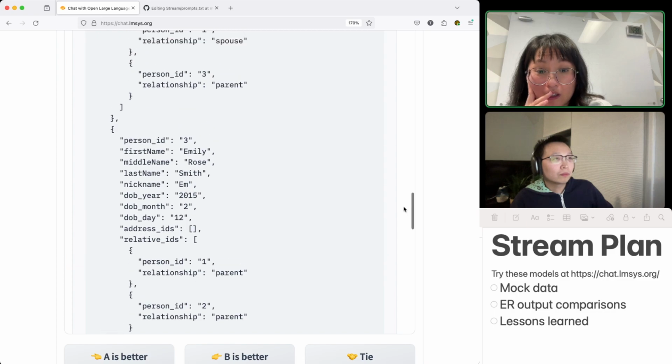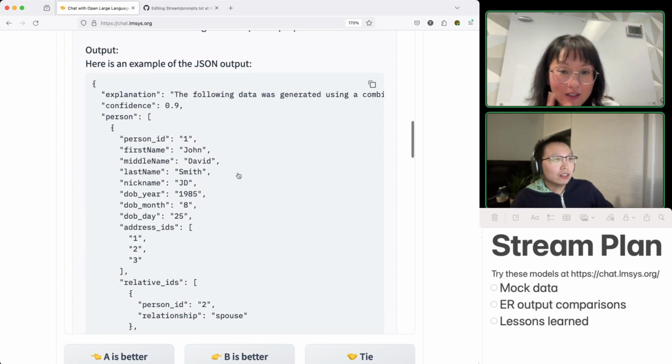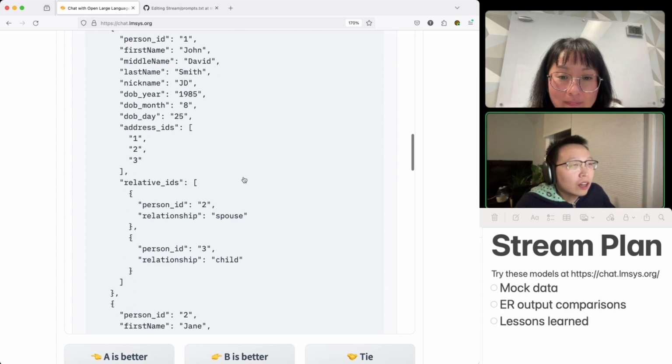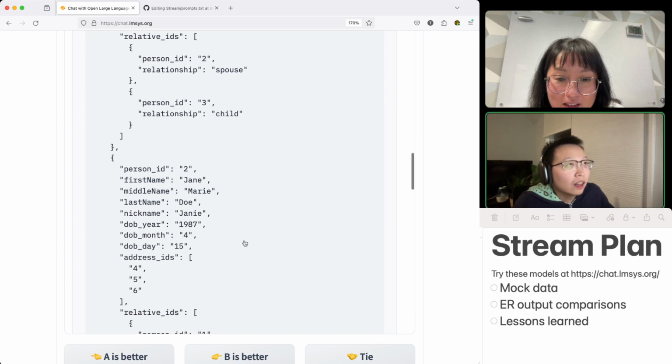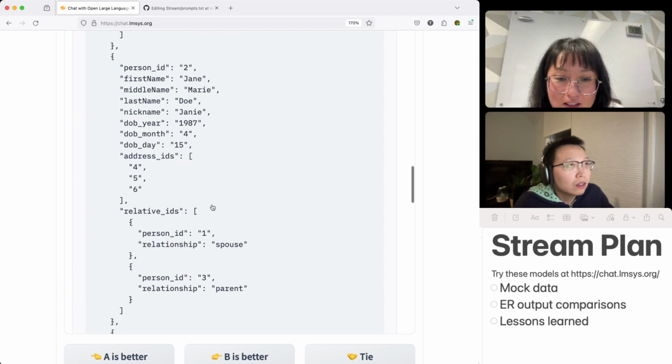Oh, it did. Sorry, hold on a second, let's go back. So John David Smith. John has a spouse and a child this time. Two, Jane Mary Doe, address is 456.